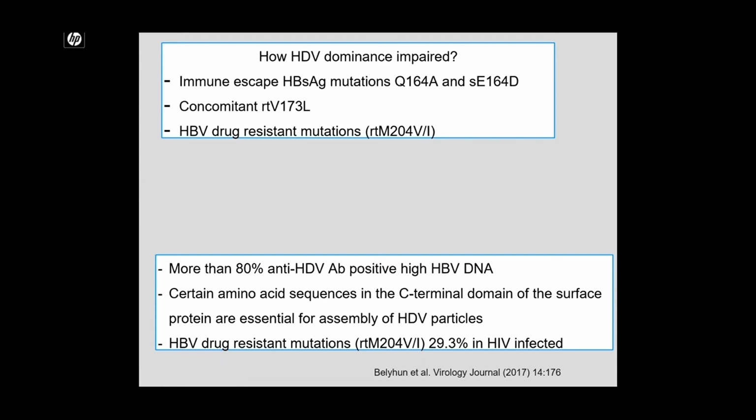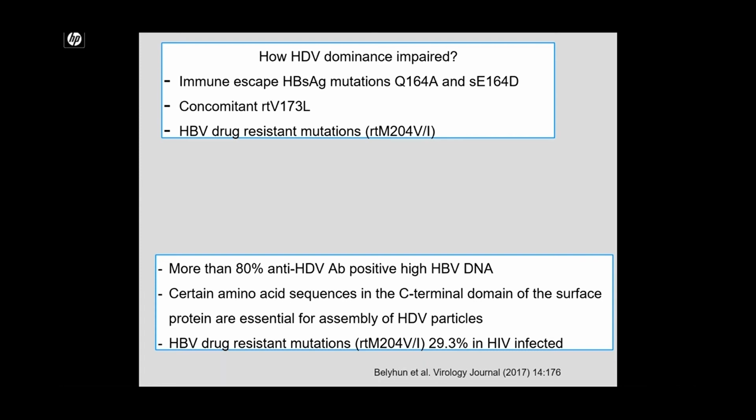One speculation is that the amino acid sequences in the C-terminal domain could have an effect on the hepatitis D virus particle and make it lose its potency to be the dominant factor, as we have discussed why hepatitis D virus has been dominant. The drug-resistant mutation rate was 29.3% in HIV infected. One limitation of this study is that it was done in only one northern part of Ethiopia. It could have been better if it included other parts of Ethiopia.